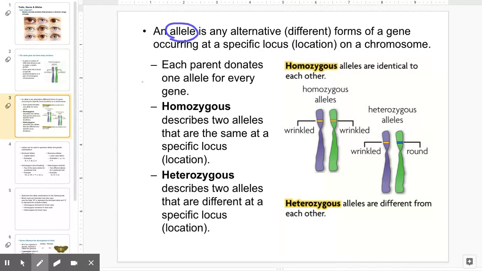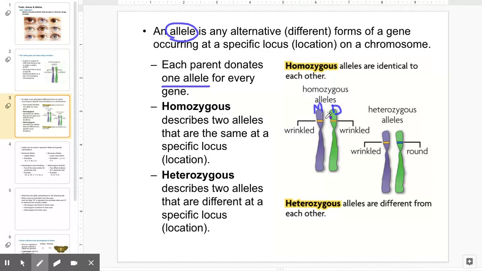So we represent this form of a gene, which gets digested down as we do genetics problems into letters. And each parent gives one allele for every gene.